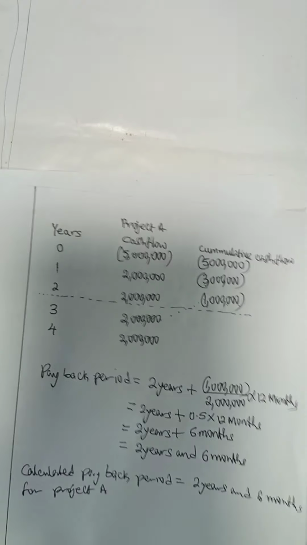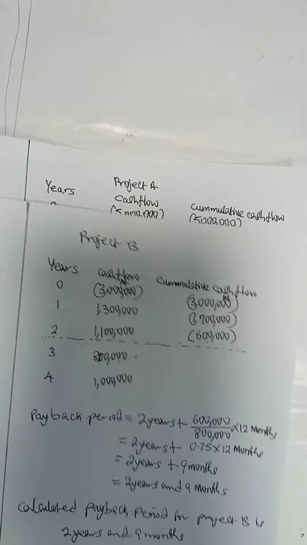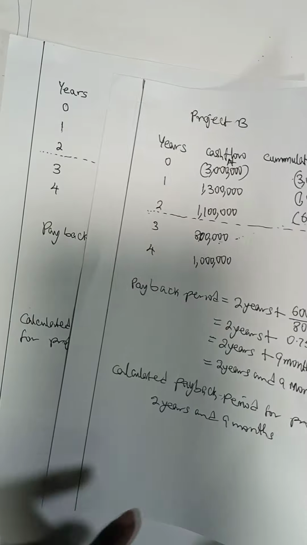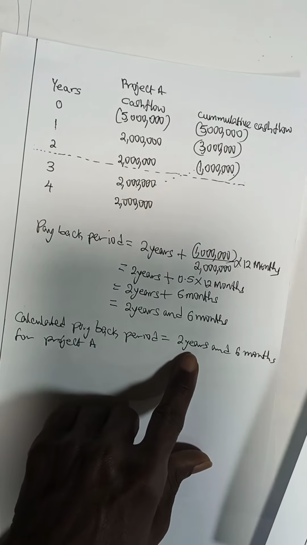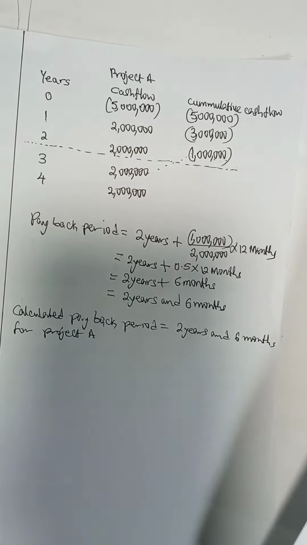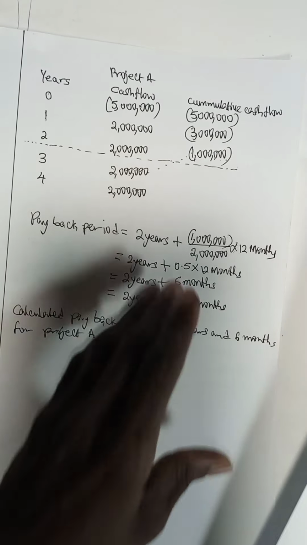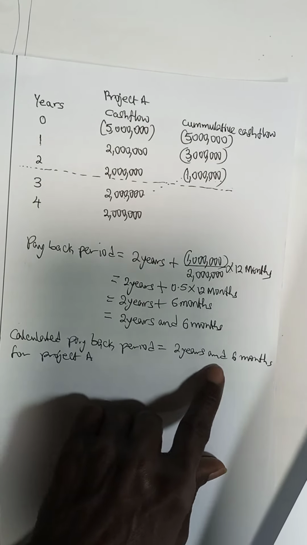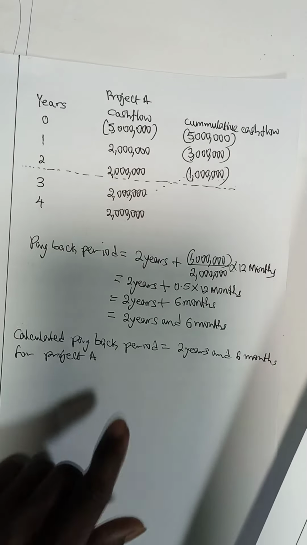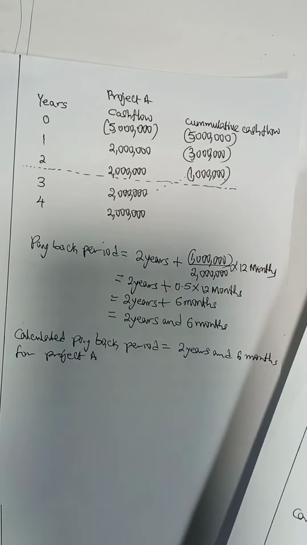The payback period for project B is 2 years and 9 months. 2 years and 6 months is shorter than 2 years and 9 months. So project A should be accepted.